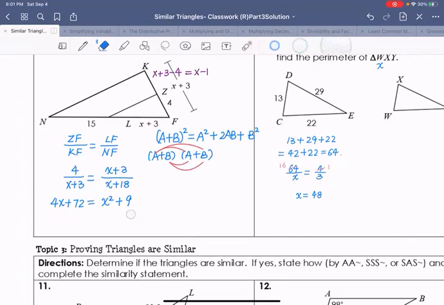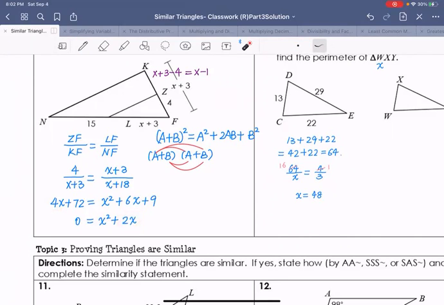Okay. This is x squared plus 6x plus 9. Let's move the thing to the right. X squared plus negative 4x. Wait a minute. 6x minus 4x is 2x, right?